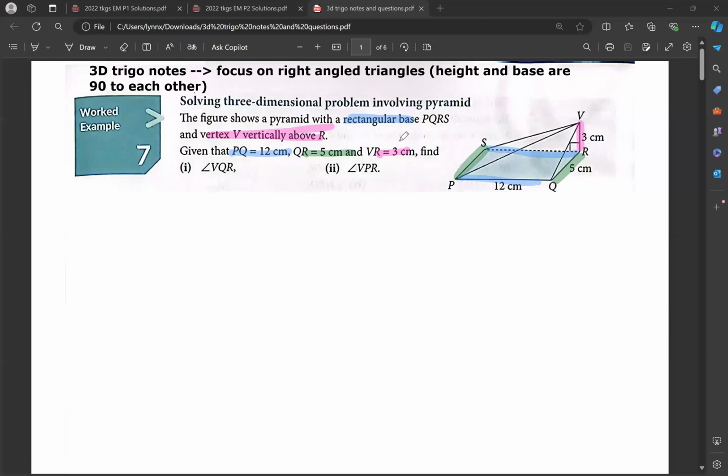So right now, can you see VQR? VQR, right? You need to ask yourself, I have VQR. VQR lies in which right-angled triangle? Are you able to find it?